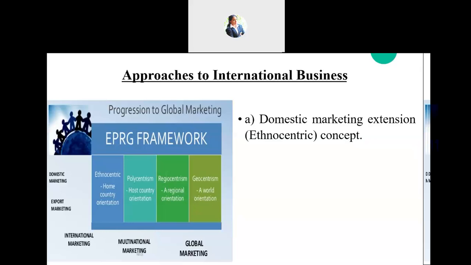Under this, the companies working in this way believe at every point of their business that the home country is superior in nature, and also that the home country has more opportunities in the international market.